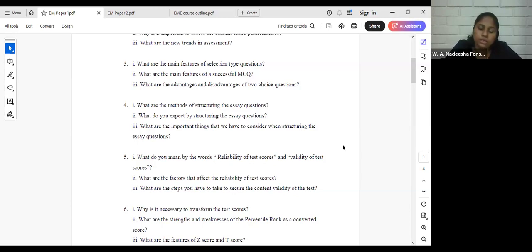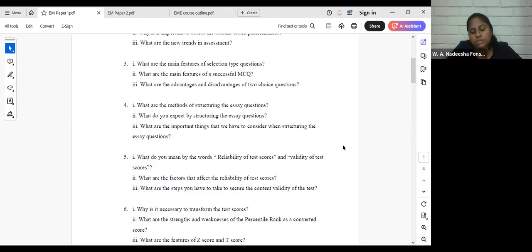It means we have to make the specification table and then the steps of that. You have to define what skills you have to measure, then what the content of the test is. Like that we have to go step by step.